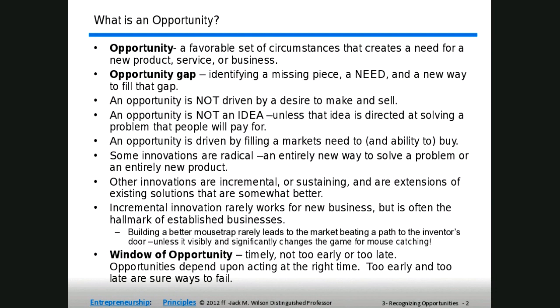solve a problem. Many other innovations are less radical and are not driven by a desire to really change the world, but are just incremental.